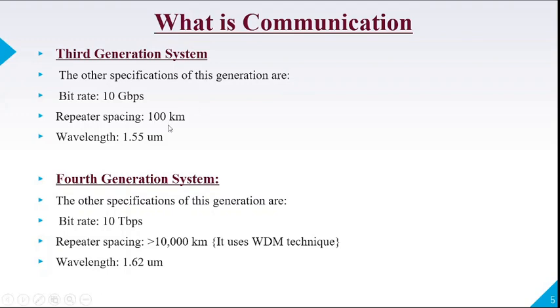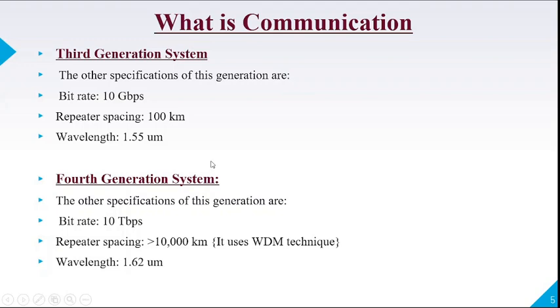As we know, in first generation system the repeater spacing is 10 km, in second generation it is 50 km and in third generation it is 100 km, much higher than first and second generation, and the wavelength is 1.55 micrometer.